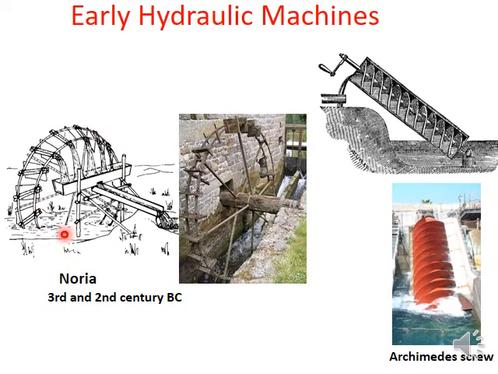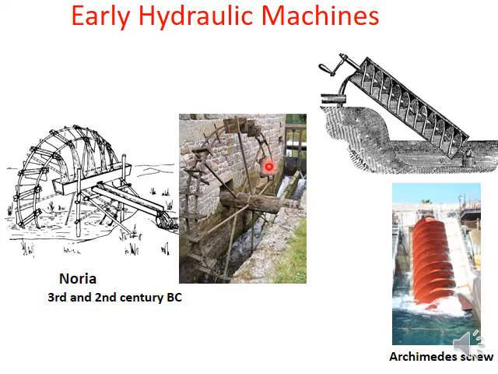You can see this wheel is rotated due to the water flow, and water is lifted and dumped to this canal and is conveyed to irrigation fields. And similarly, we have evidence of use of water wheels like this to harness mechanical energy.